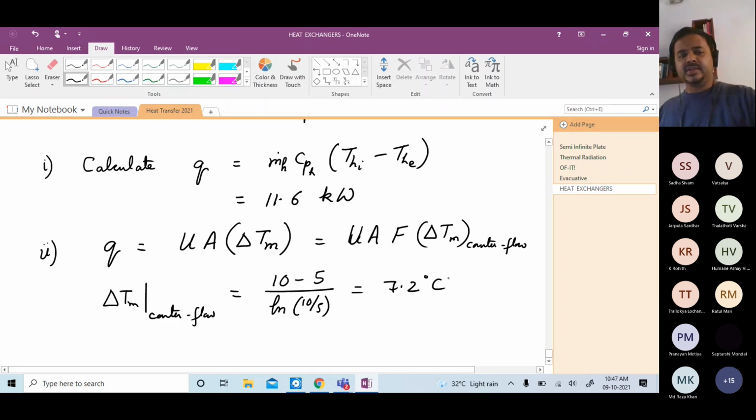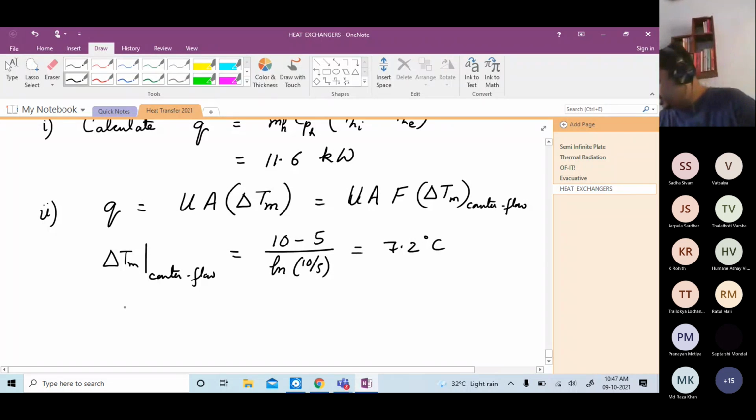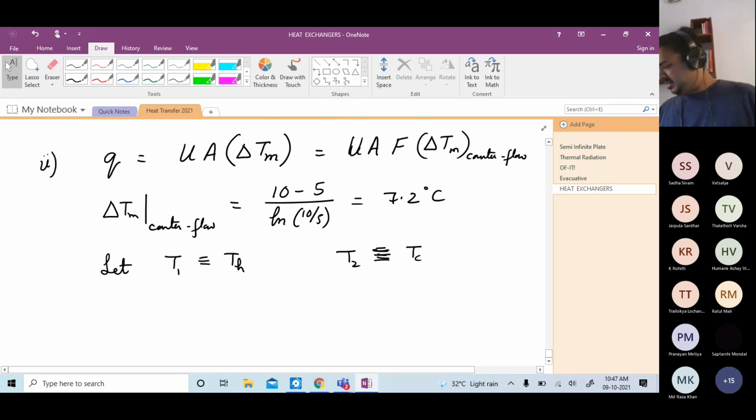Okay. So the next thing is F. Now to find F, what do I have to do? Since these are both unmixed, it doesn't matter. So I would say let T1 be TH, T2 be TC. So what is my capital R? Capital R is THI minus THE divided by TCE minus TCI.